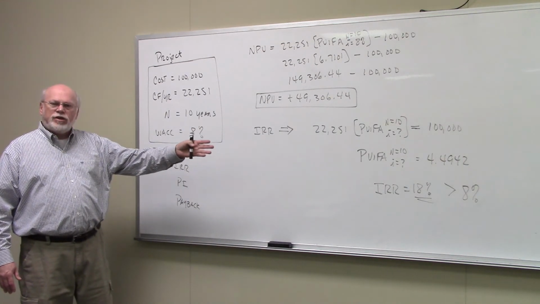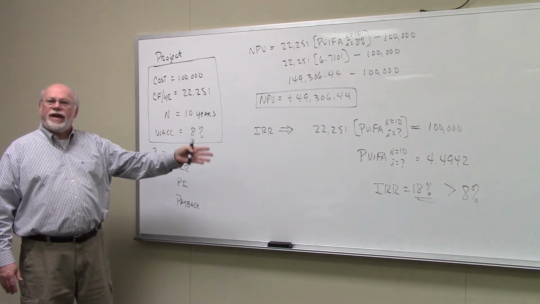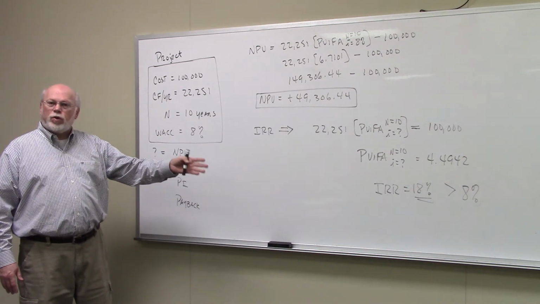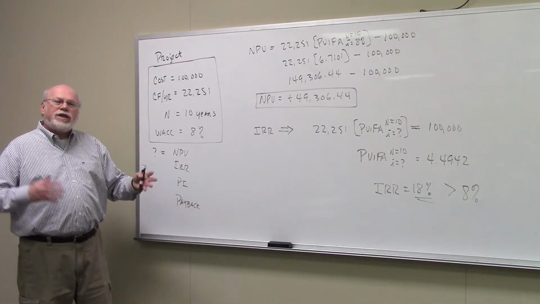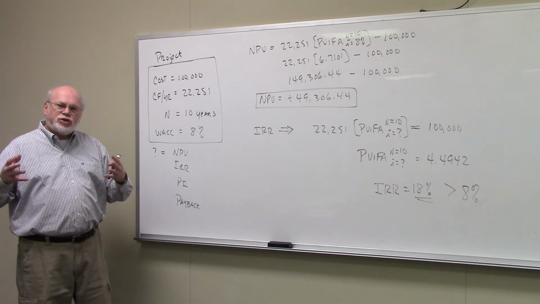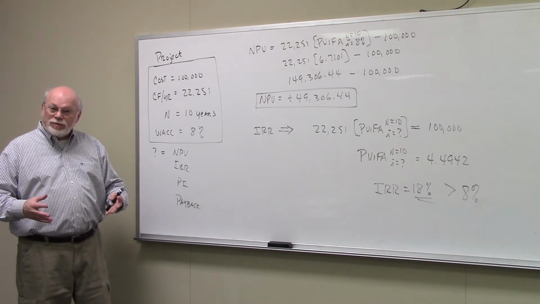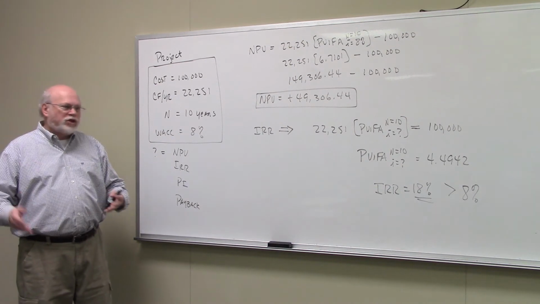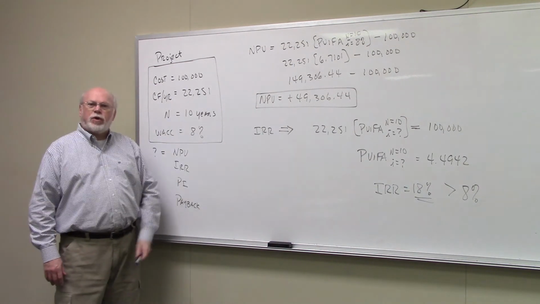You should not tell your boss, your client, that kind of number. It's not an achievable rate of return. When we get to modified internal rate of return, you're going to see how we adjust this to satisfy our reinvestment rate requirements and get a more reasonable rate of return to associate with this project.